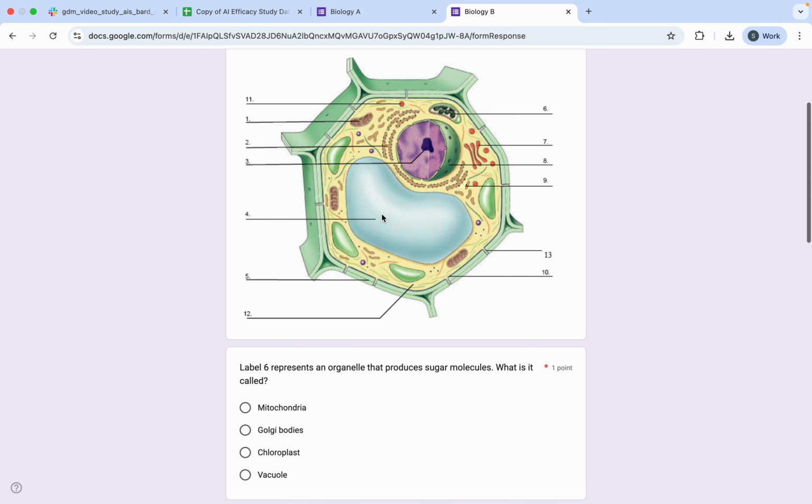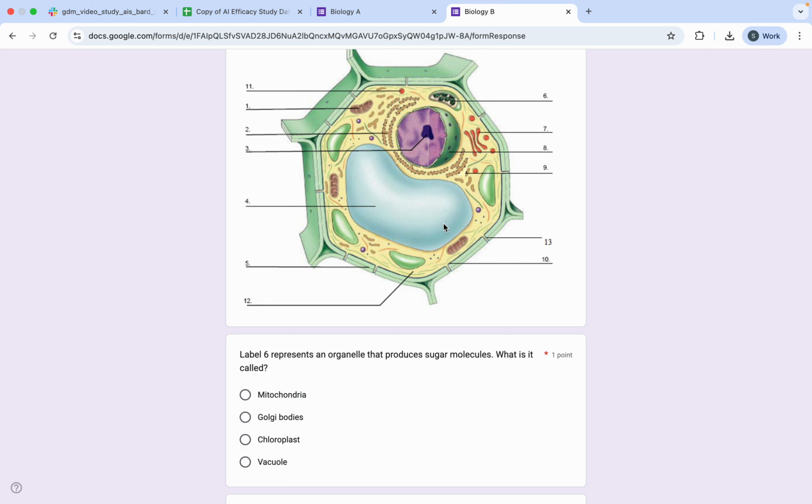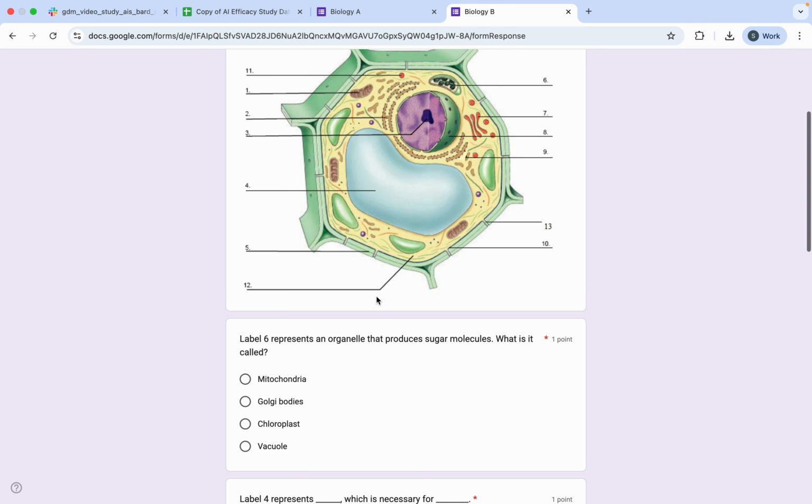The first question: label 6 represents an organelle that produces sugar molecules. What is it called? The options are mitochondria, Golgi bodies, chloroplast, and vacuole. This is label 6 in the image.